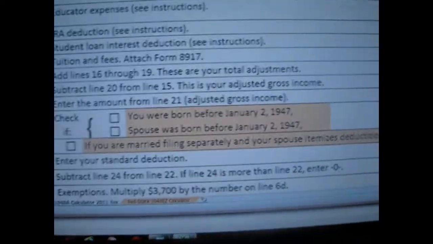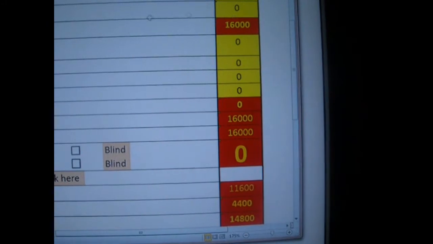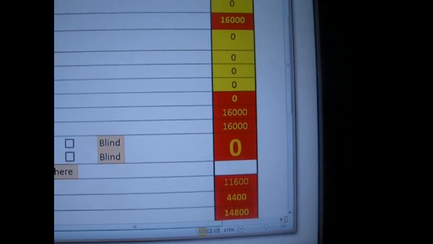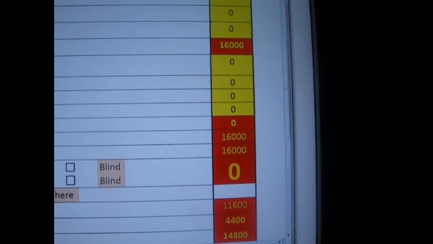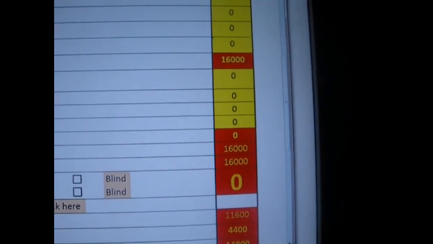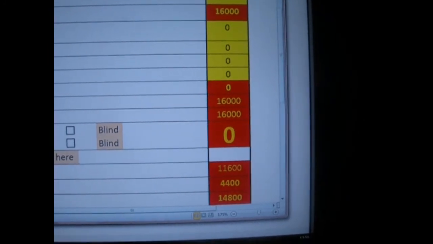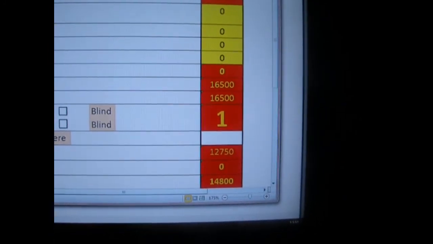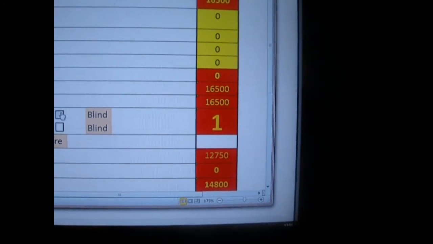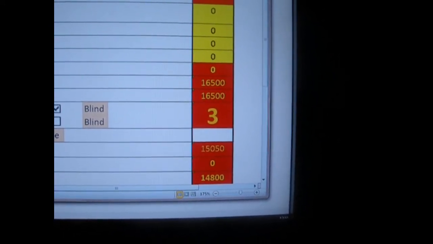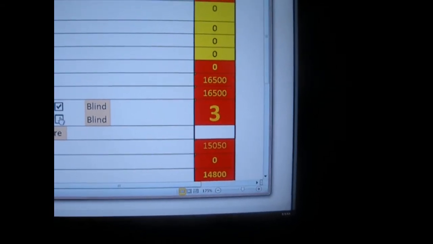So watch what happens. Right now it's at 0. Watch what happens when I check the box for, let's say that I am the person that was born before January 2nd, 1947. Keep watching where the big 0 is. I've checked that. Now I'm going to also check that I'm blind. I'm going to check that my spouse was also born before January 2nd and they're blind.